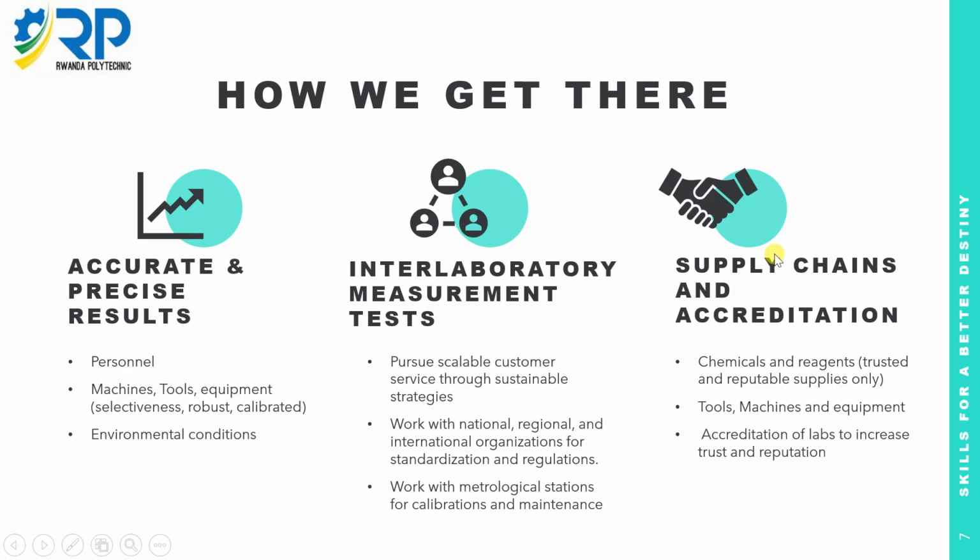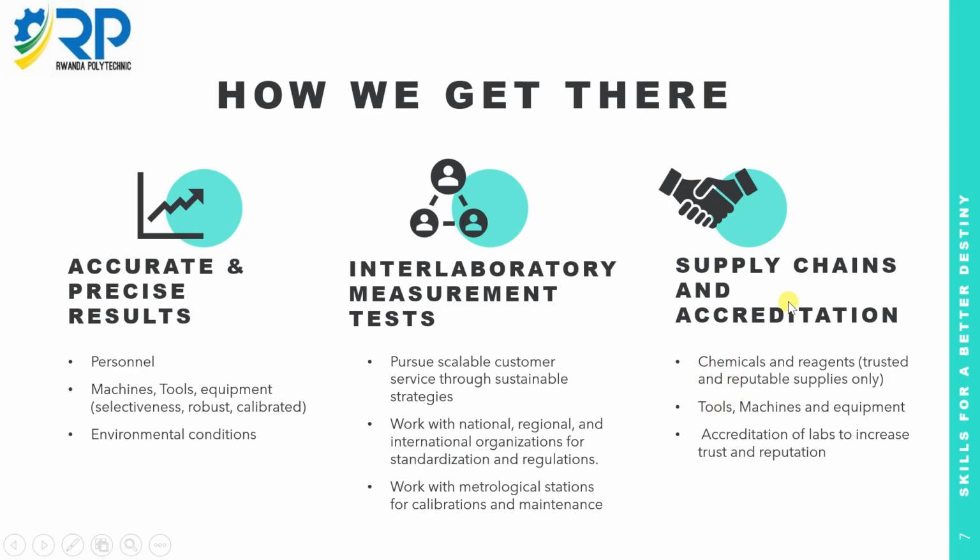The third aspect for us to get there is supply chains and accreditation. Chemicals and reagents: trusted and reputable suppliers only. So we give the relevant institutions or suppliers that are qualified to supply chemicals and reagents, without being caught in floods or in illegal markets and so on and so forth.